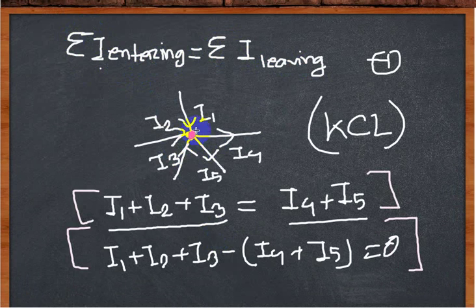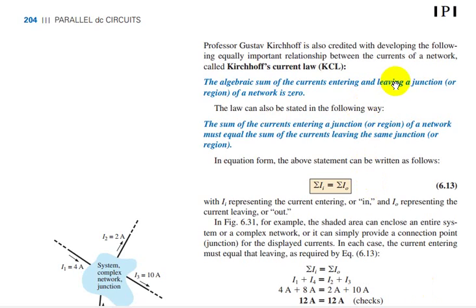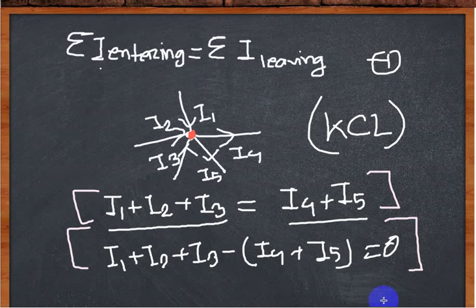Okay, suppose the red dot is a junction or a network. Is there a junction? Yes, this is a junction. Junction means basically a node that has three or more branches connected. Now in this particular red junction, what we have seen is that I1, I2 and I3 are the incoming currents, and I4 and I5 are the outgoing or the leaving currents.